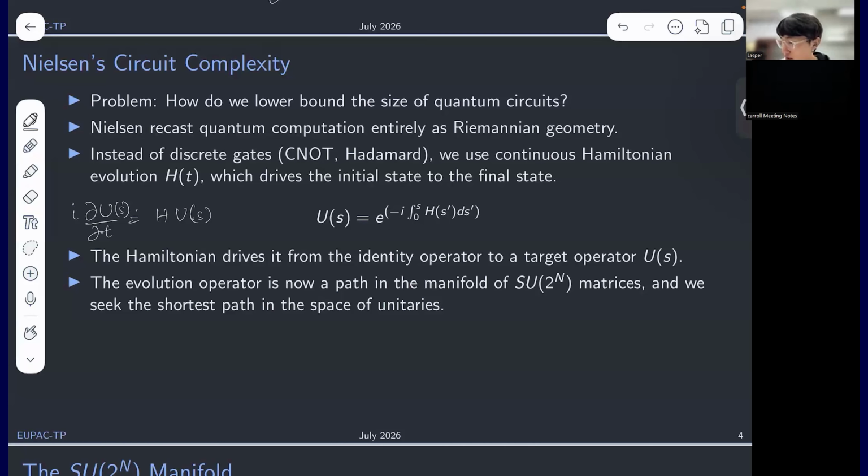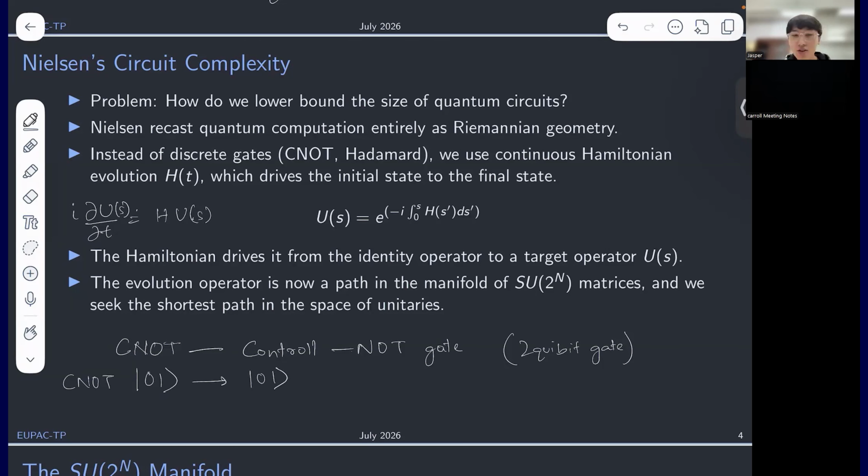Here C-NOT is a gate, called the controlled-NOT gate. It is a 2 qubit gate, and it has a control and a target. C-NOT acting on 0 and 1 gives 0 and 1, unchanged.